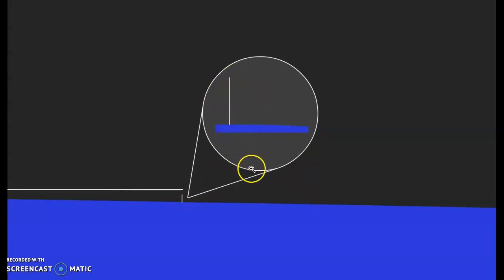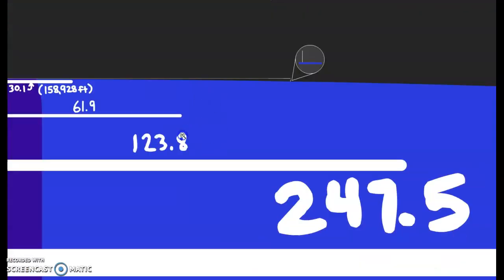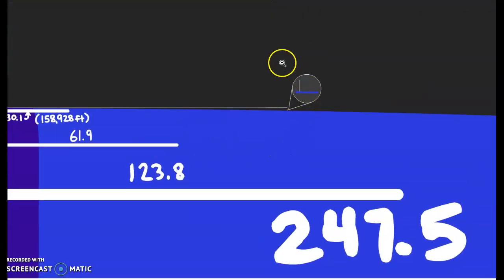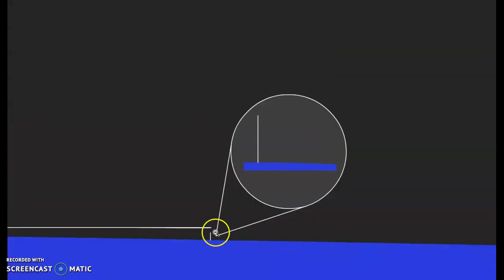You can still see this line looks almost exactly perpendicular to the Earth, even though it's well underneath. I mean, we're looking at what, 200 miles away, well underneath the horizon, and it still doesn't look to be tilting away at all.